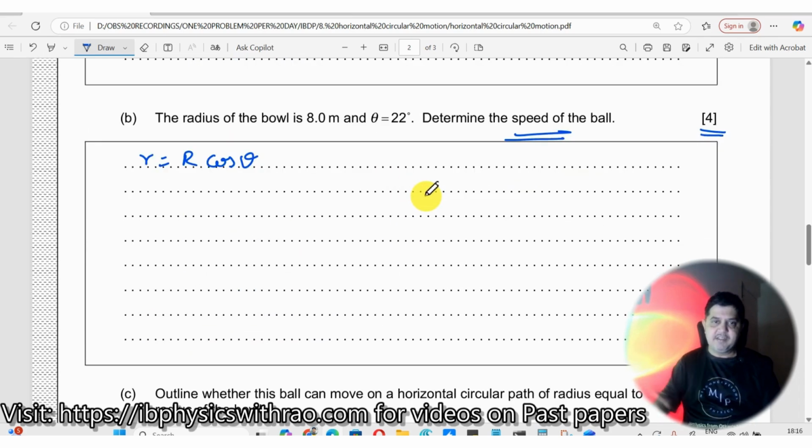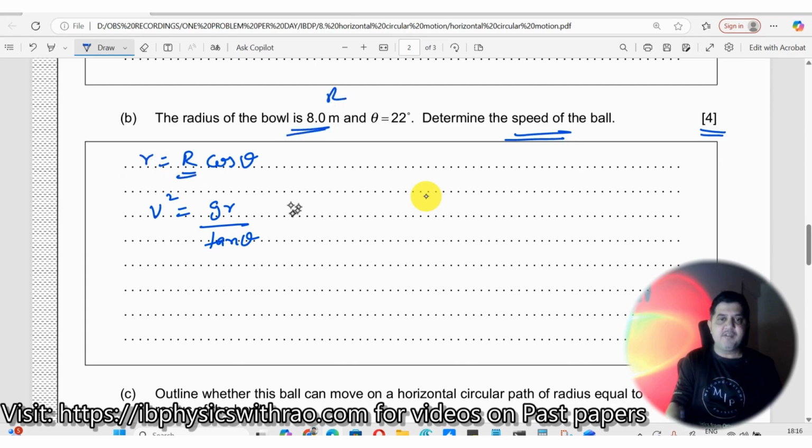Now we write v square is equal to g r divided by tan theta and take this value of r. Why should I take this value of r? Because the value of small r is not known to me, right? This value of capital R is given to me. I do not know this small r. So I will write g is equal to 10 multiplied by R cos theta divided by tan theta. Theta equal to 22 is given.